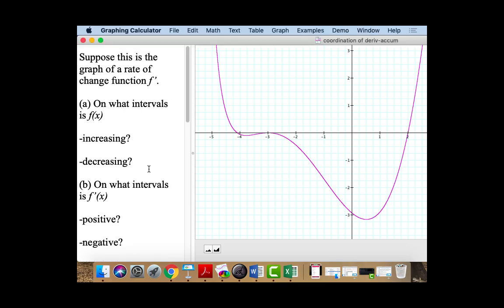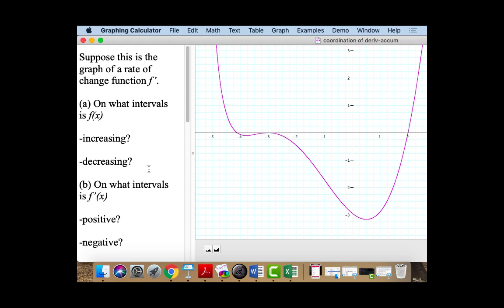So let's take a look at this graph. It's not moving or anything. But those on the x-axis are integer values, -4, -3, -2, -1. Think about, based on this graph of f prime, on what intervals is f increasing or decreasing?